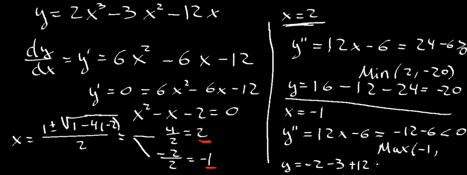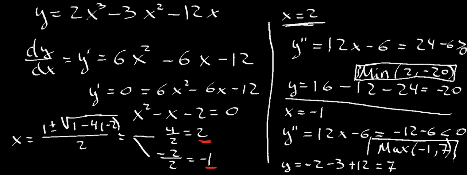And what we get is 7. Our point then is minus 1 for the x component, 7 for the y component, and it's a maximum value. These two are our turning points and their nature. So there's a minimum value at (2, minus 20), there's a maximum value at (minus 1, 7).